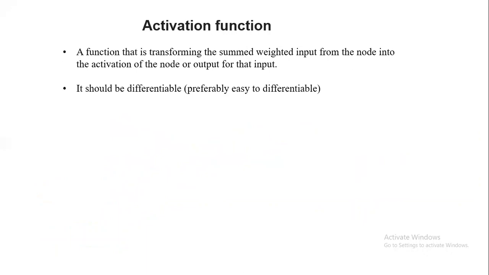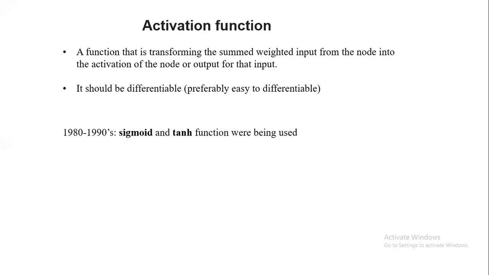Now, activation function. We are talking about the activation function that is applied inside a neuron. An activation function is just a transforming function applied on the sum of each value multiplied with its weight. It should be differentiable because we have to calculate the gradient.